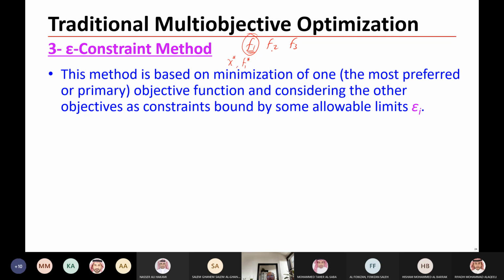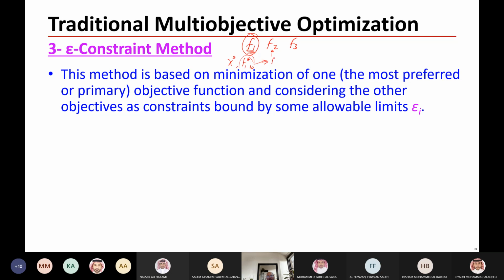When I want to optimize or get the solution for F2, I add F1 as a constraint, but with some relaxation. For example, the F1 minimum here is 10, and this is the optimal value. Let me relax it to, say, 12 or 15.